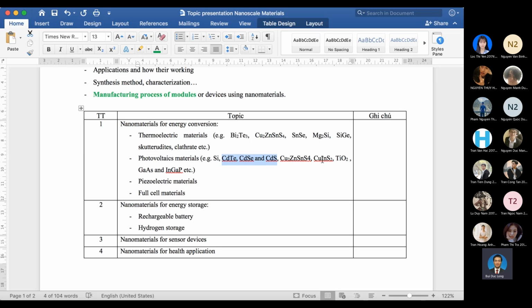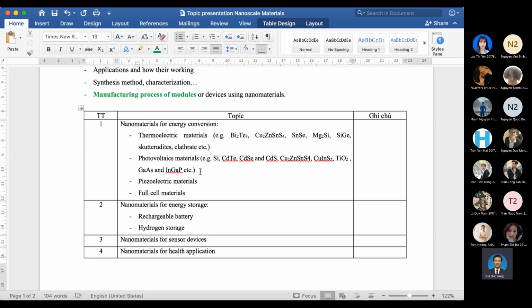So many different materials here. This week you have to look at all of these materials and applications by yourself, and next week you tell me what material or what application of nanomaterial you want to choose for the presentation.